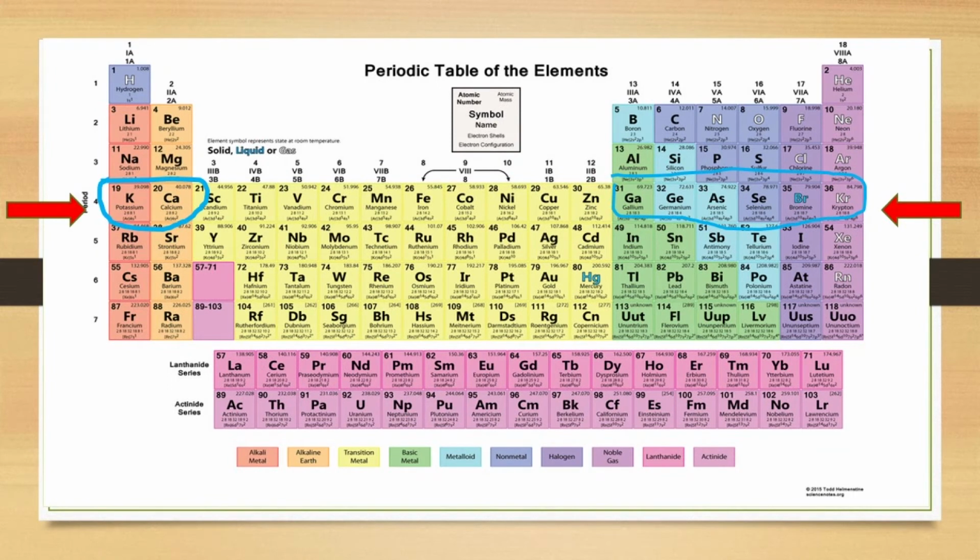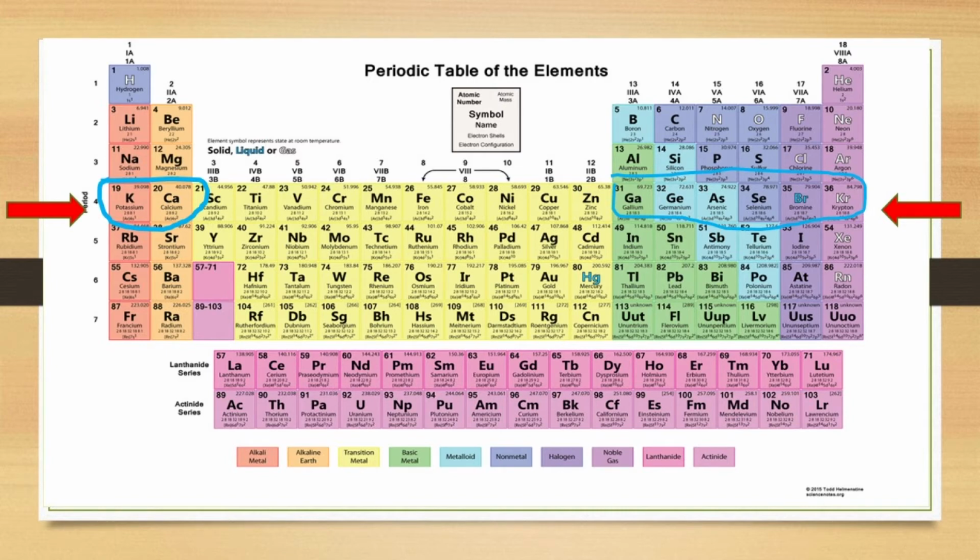Any elements found in the s and p blocks of the periodic table are known as normal elements. These elements have an incomplete outermost shell. The elements of groups 1, 2, 13, 14, 15, 16 and 17 are known as normal elements.